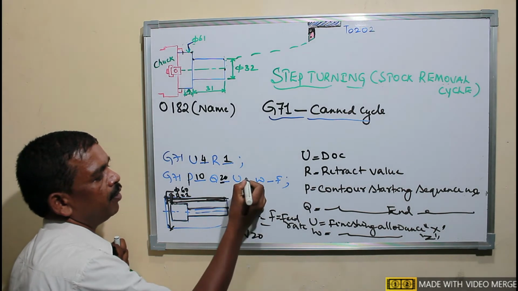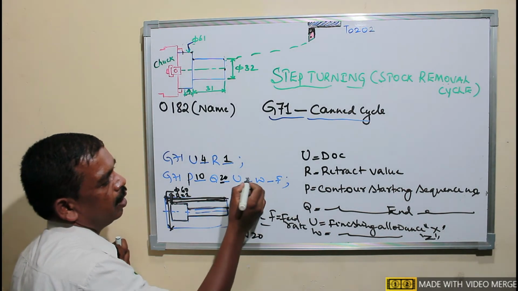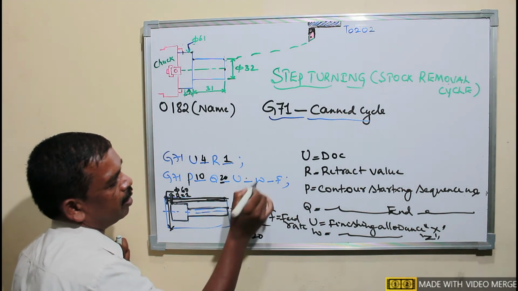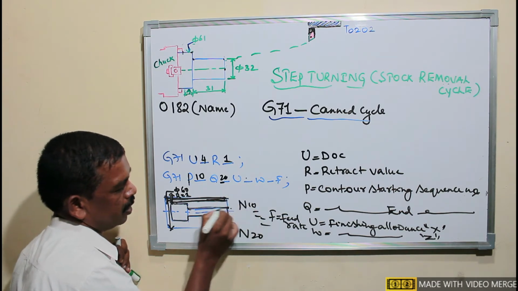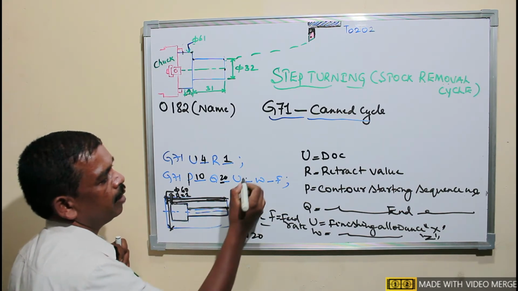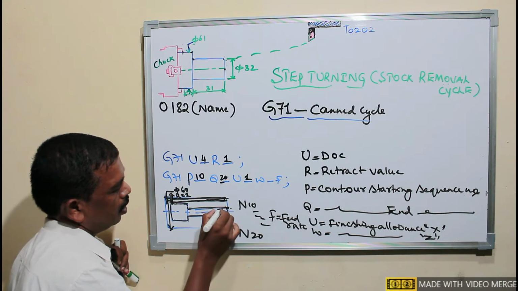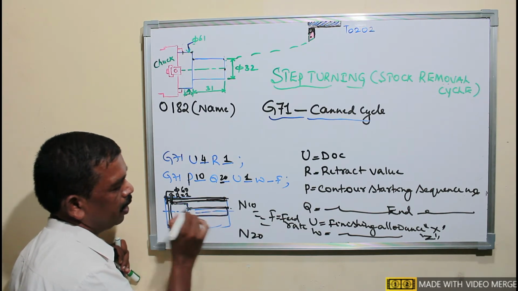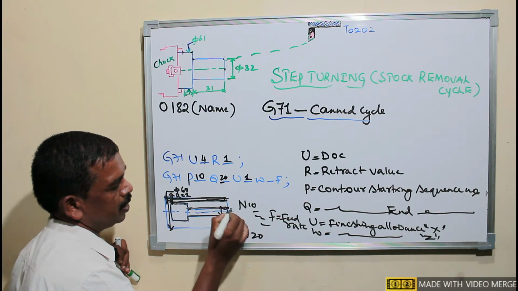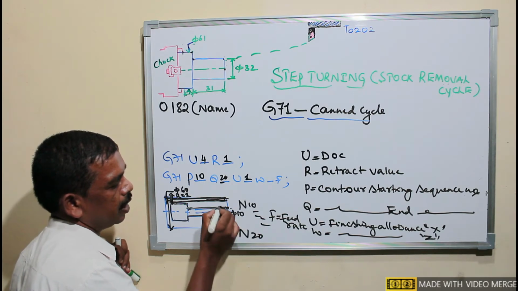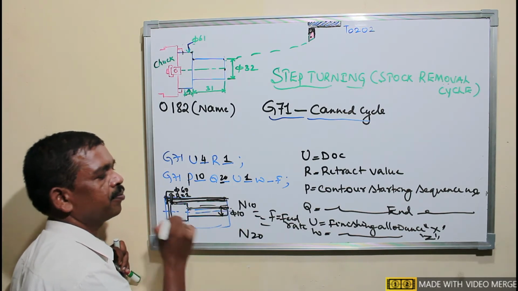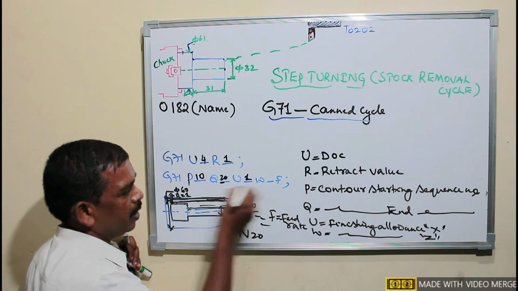So here, finishing allowance: for the finishing operation we have to leave a certain amount of raw material here. If I write 1, the controller will leave 1 mm. For example, if this dia is 10, the roughing will take place up to 11 mm. That is, the 1 mm is for finishing.